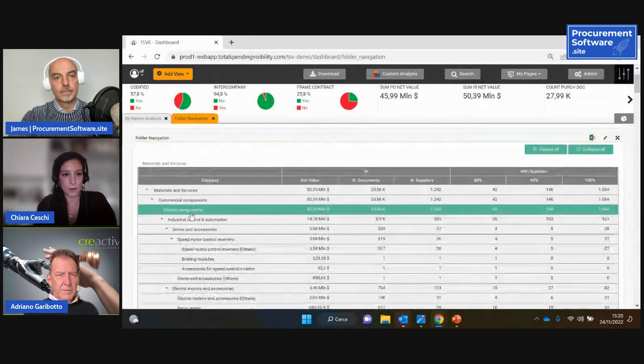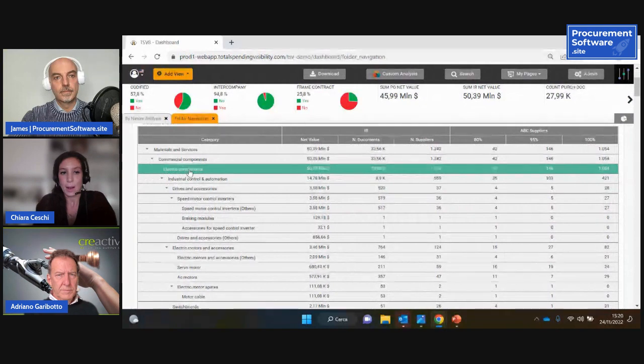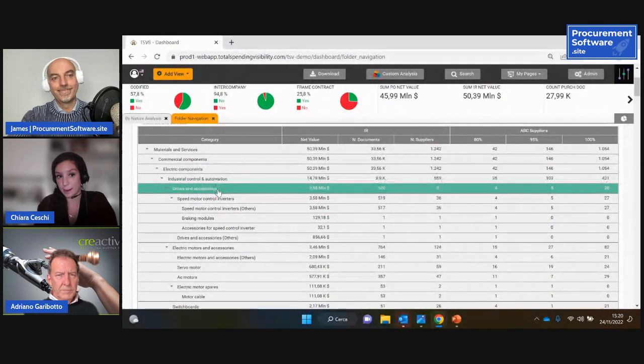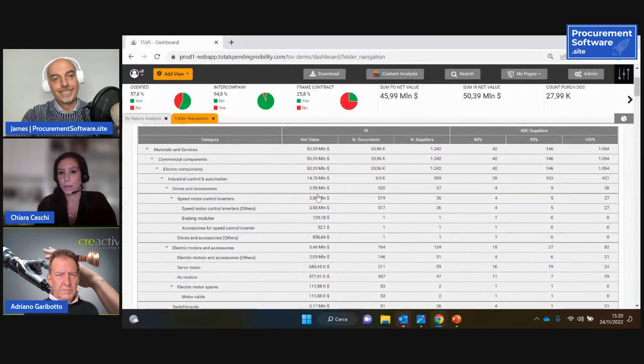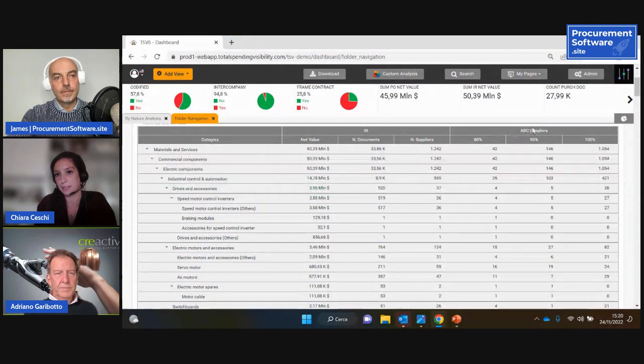In this case, we are analyzing the details of the electric components area by looking at the subcategories of this area, with the related spend for the invoices, the number of documents related to this spend, the number of suppliers involved, as well as the division of the suppliers into an ABC division.